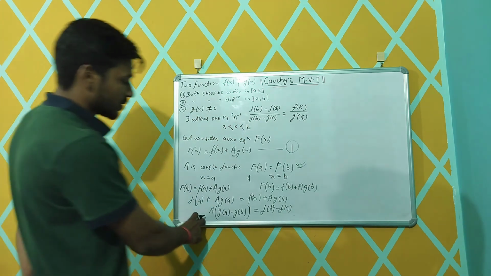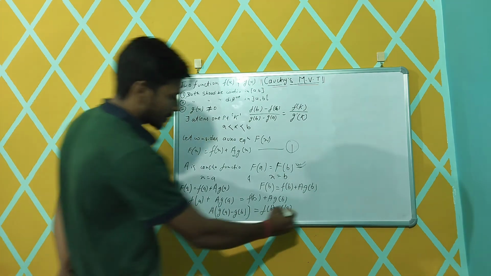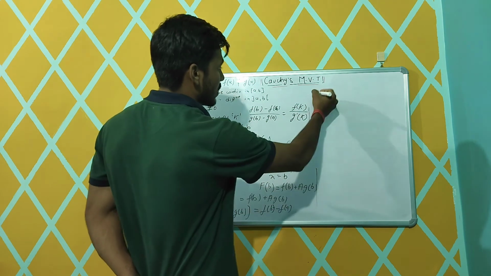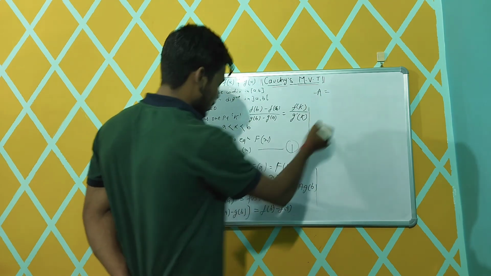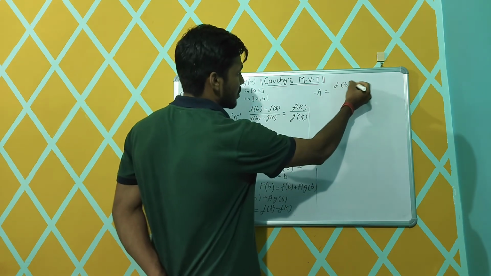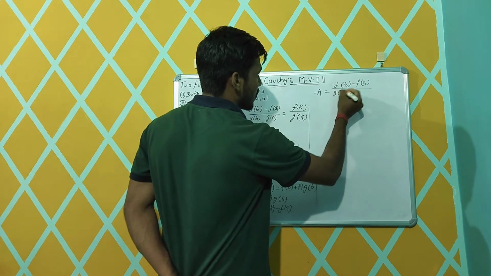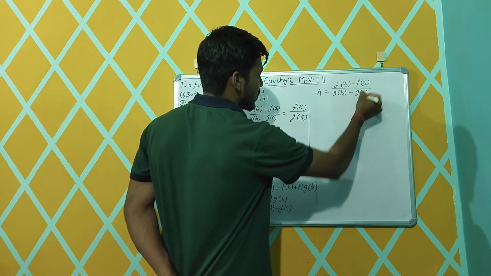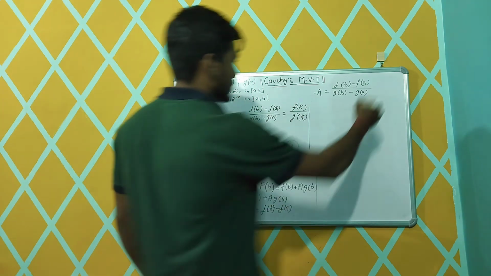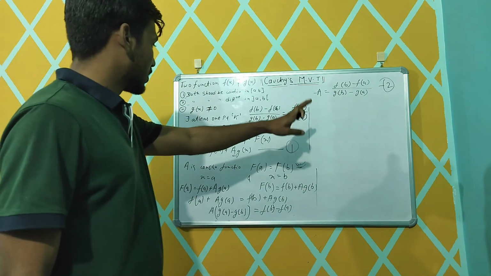Now if you take the minus out, the equation will be minus a equal to f of b minus f of a, divided by g of b minus g of a, and this is our second equation.